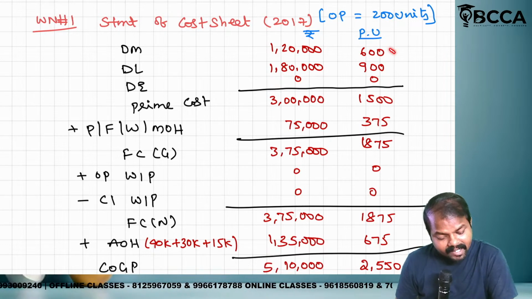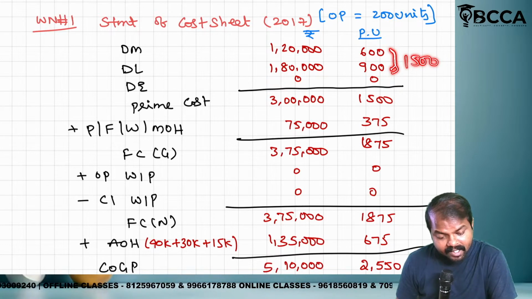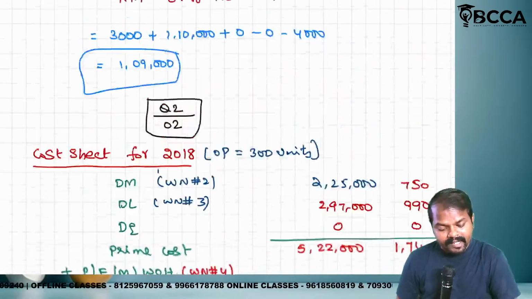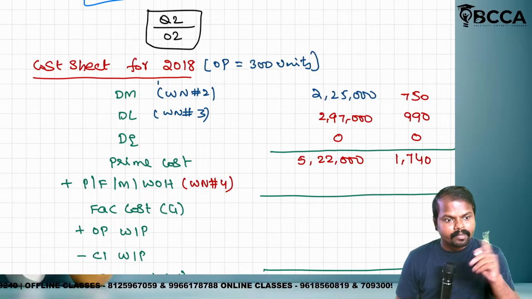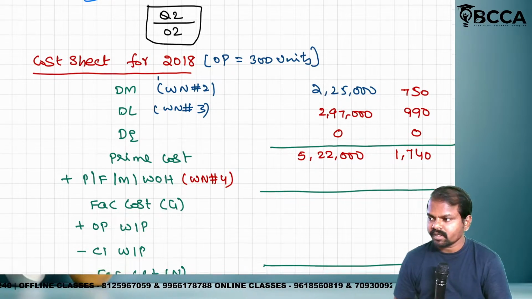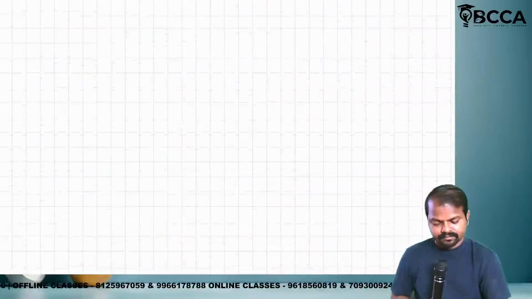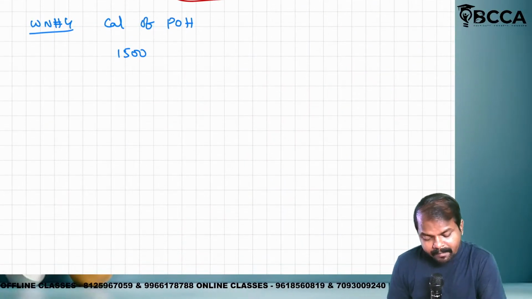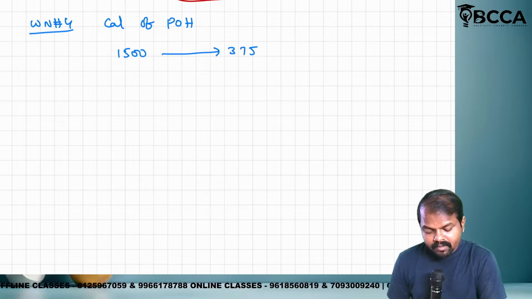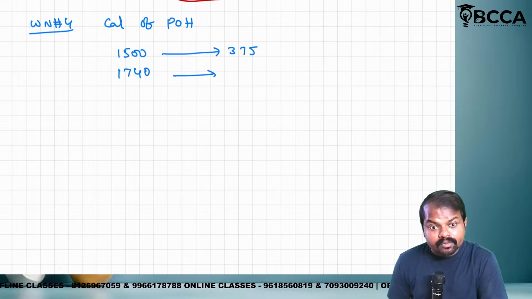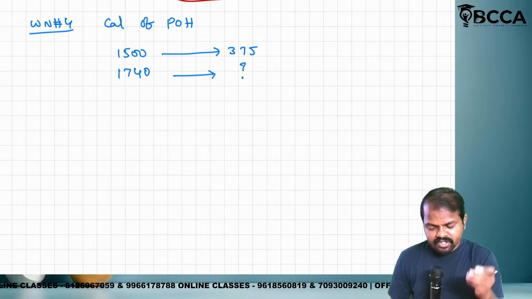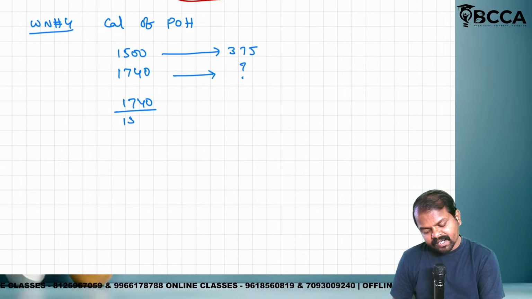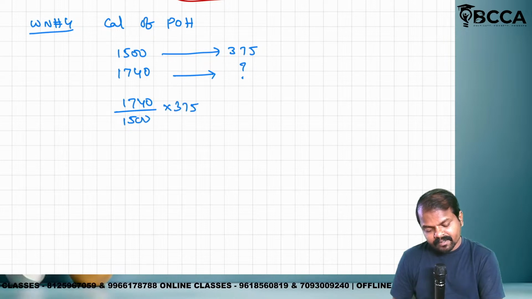In 2018, my material and labor is 1,740, so it is proportionately increased. So 1,740 divided by 1,500 into 375.